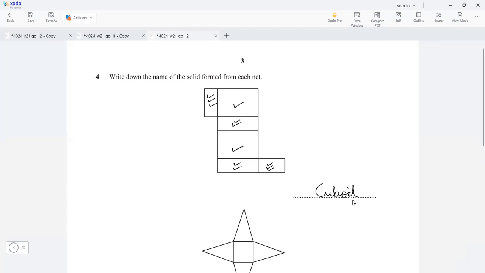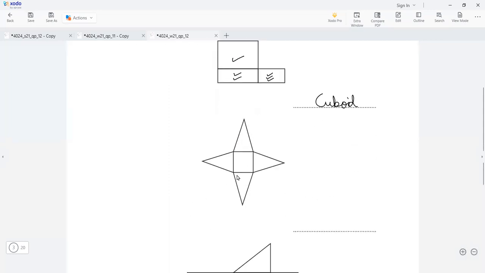What about the next shape? In the next shape, if we close it, there is a central base. What kind of shape is the center? It's a square, meaning all of the sides are the same. If we close it, it looks like a pyramid. And what kind of pyramid is it?